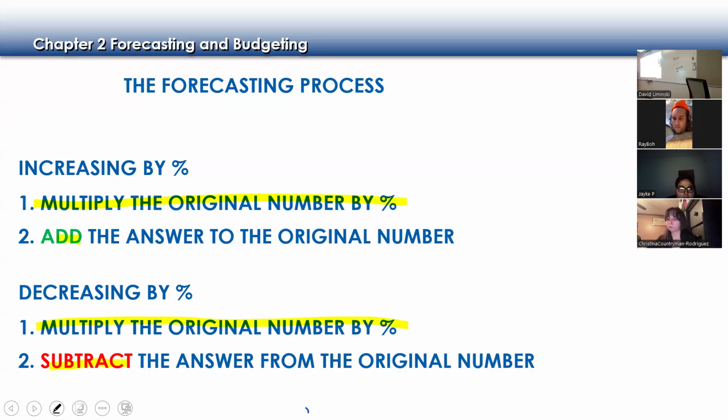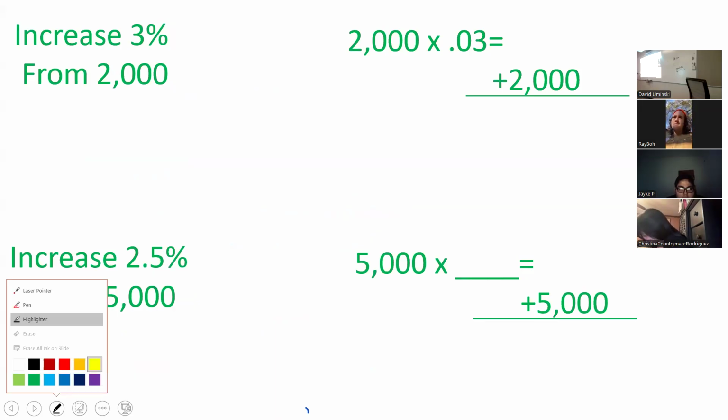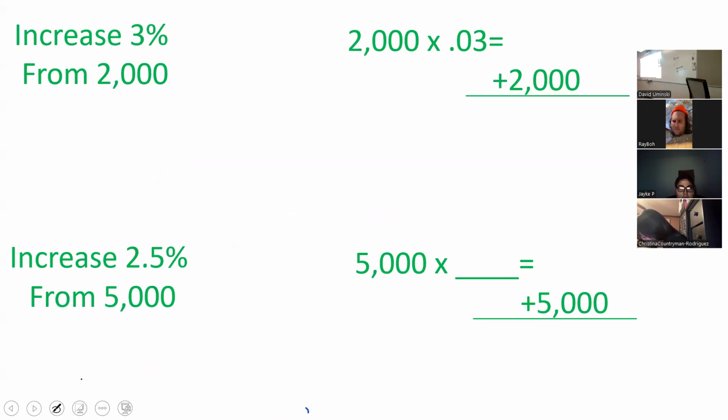So I'm going to show you a two-step process. If I want to increase 2,000 by 3%, what is 2,000 times 0.03? 60. Is that right? Yeah. Okay.